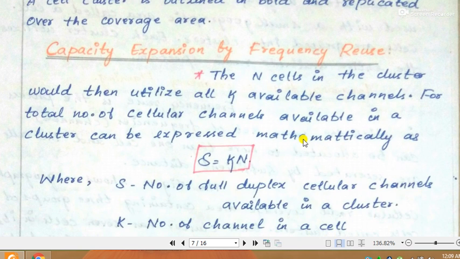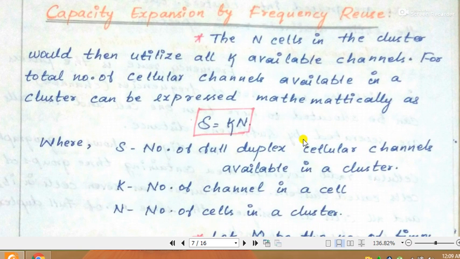Capacity expansion by using frequency reuse: here we can calculate the number of full duplex cellular channels available in a cluster. A single cluster has 7 cells. So S is equal to K into N, where N is the number of cells available in a cluster.